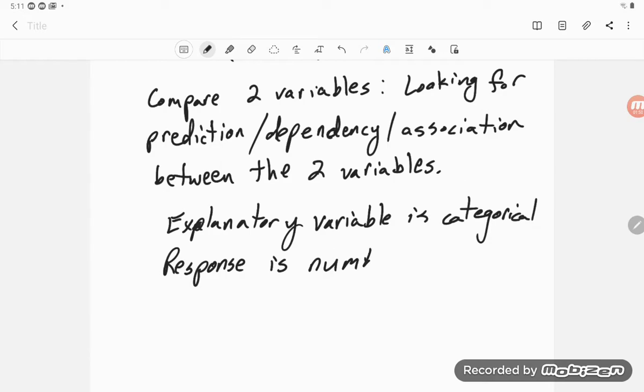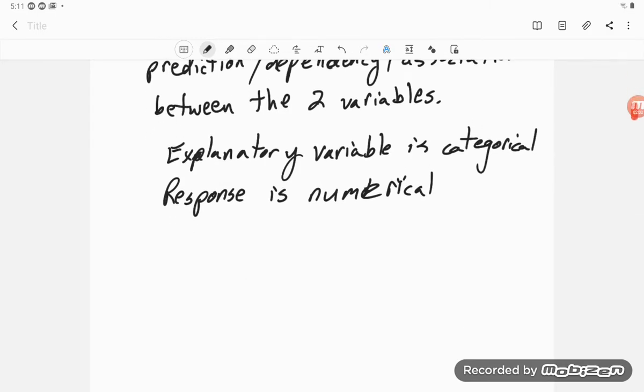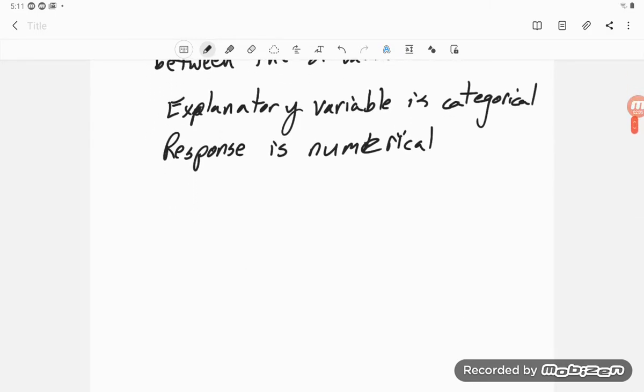So that's the difference between chapter 4 and chapter 3. In chapter 3, both variables were categorical. Now we have an explanatory variable that's categorical and a response variable that's numerical.